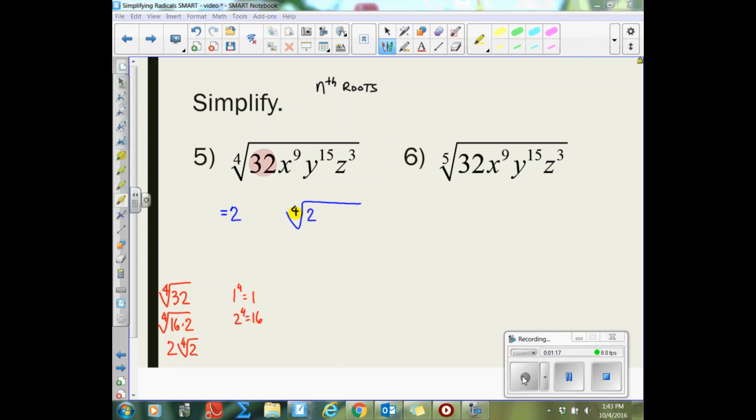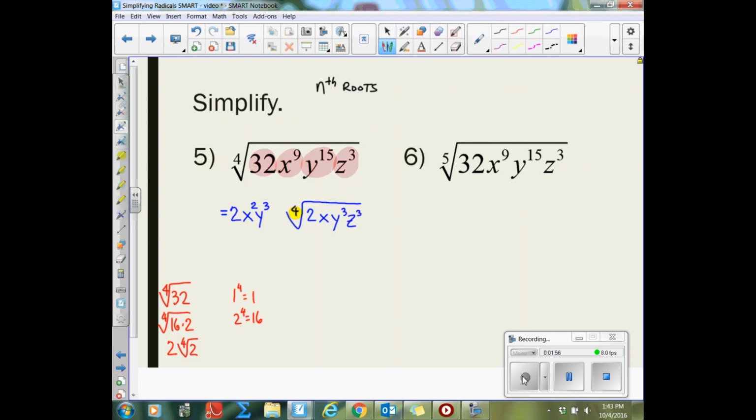Now let's look at the 4th root of x to the 9th. 9 factors of x divided by 4 is 2 with 1 left over. 15 factors of y divided by 4 is 3, that would give you 12, and 3 left over. 3 factors of z divided by 4 would give you a fraction.